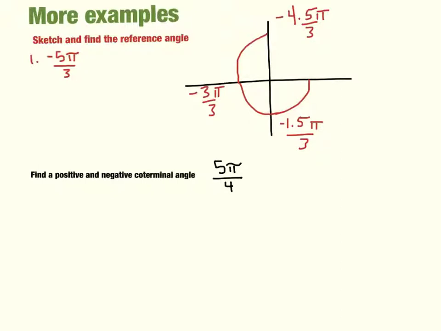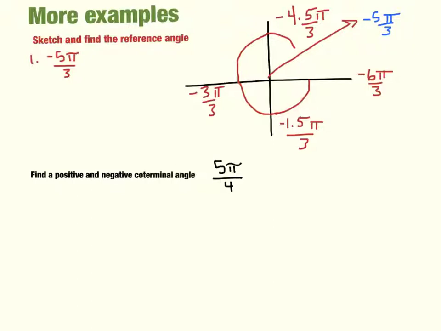Now I'm trying to get to negative 5 pi over 3. If I keep going, I'll get to negative 6 pi over 3, because that would be a distance of negative 2 pi. So I know that my angle is about right here. So the angle that I was trying to sketch was negative 5 pi over 3.